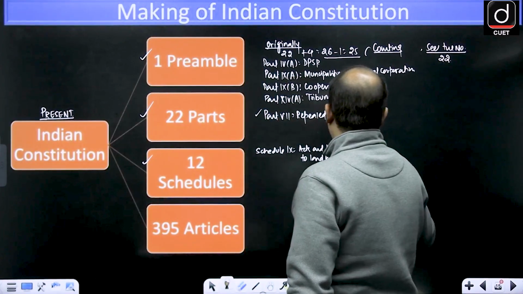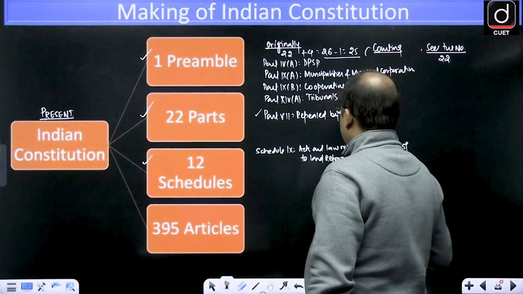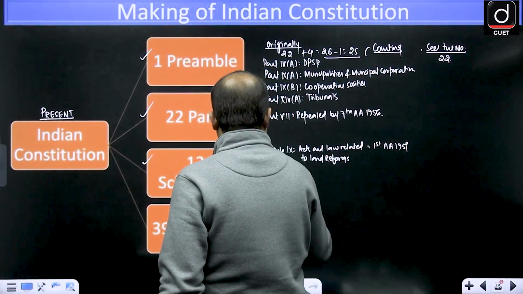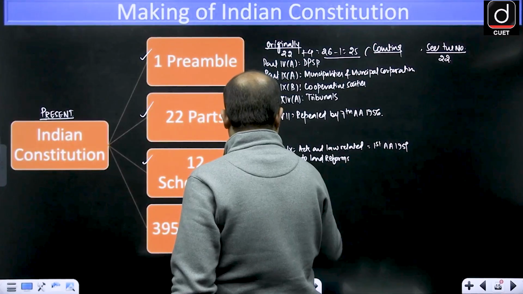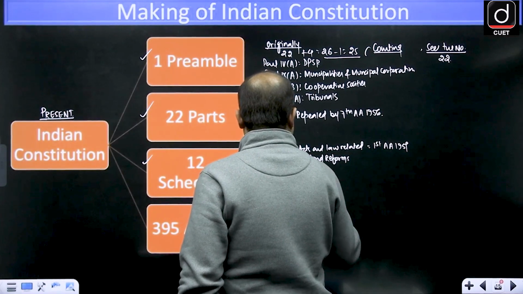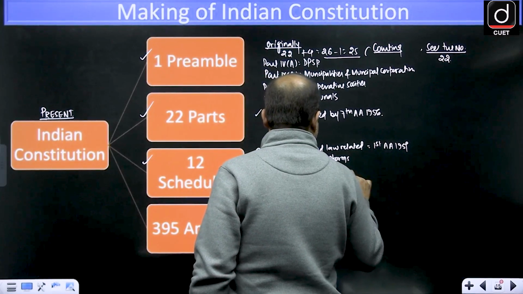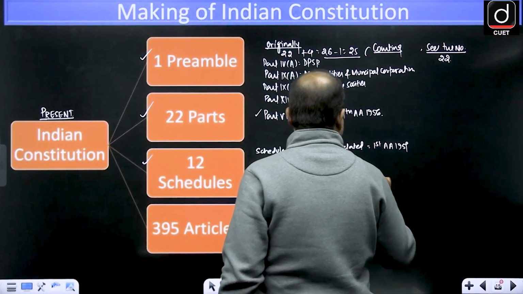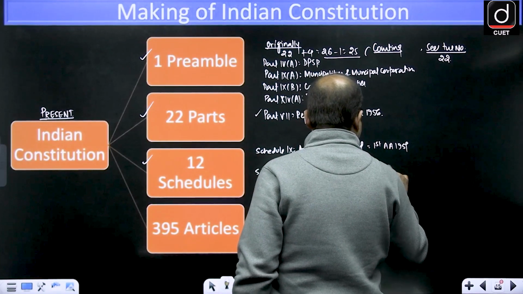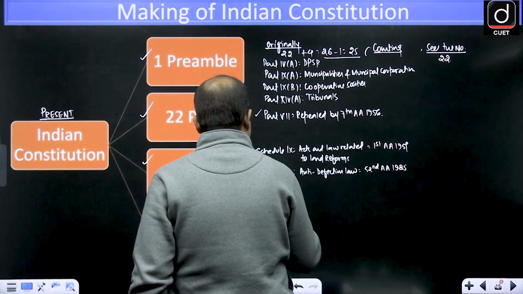It was added through the First Amendment Act 1951. Then Schedule 10, that is anti-defection law. This is through the 52nd Amendment Act 1985.